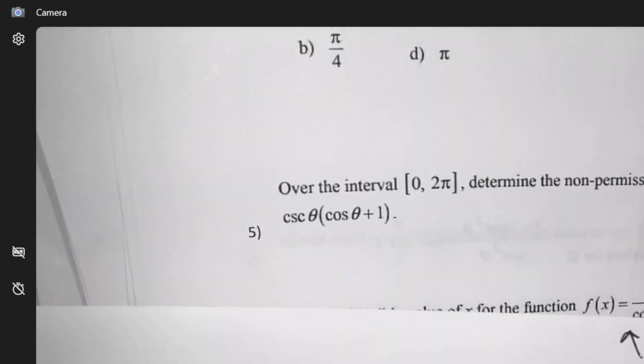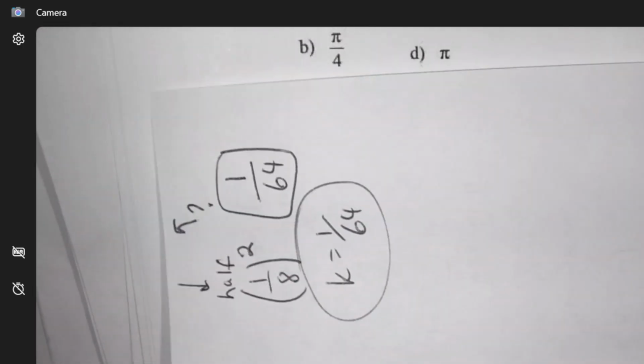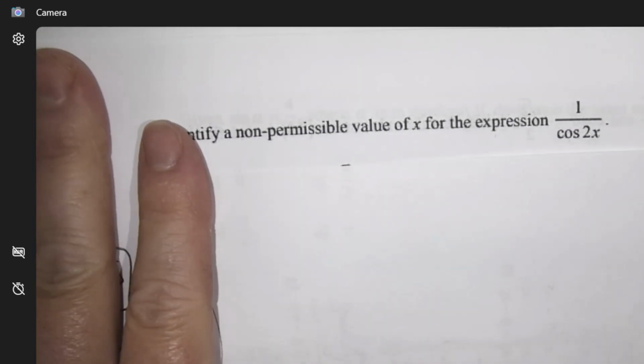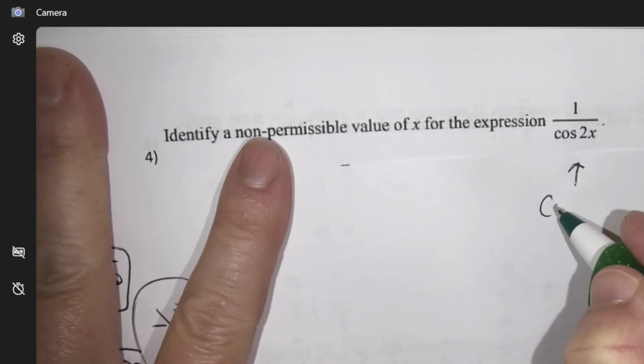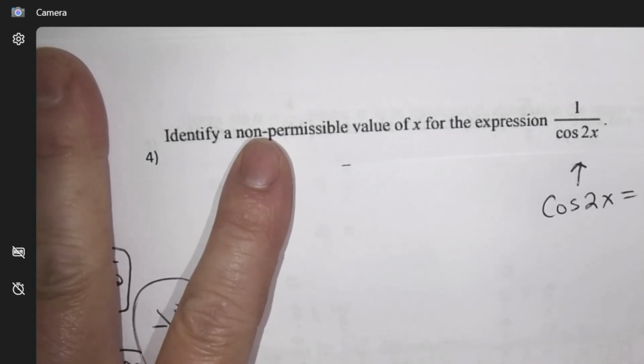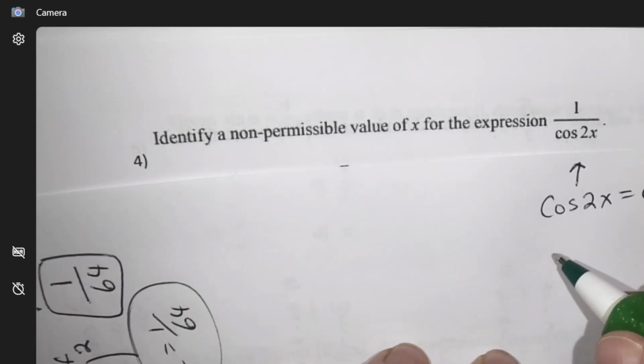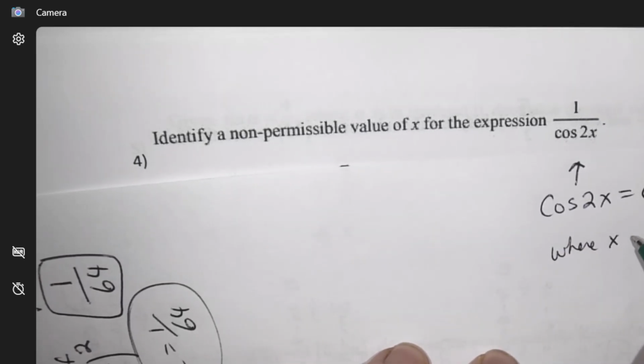Okay, so let's do number 4 together. Okay, so here is number 4. So I'm worried about this bottom being 0. Cos.